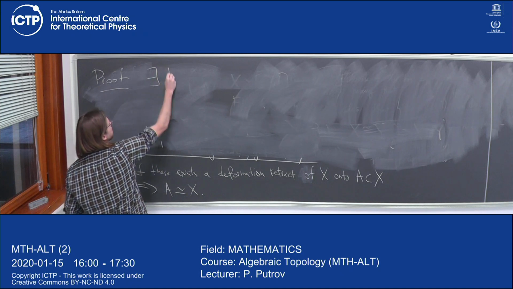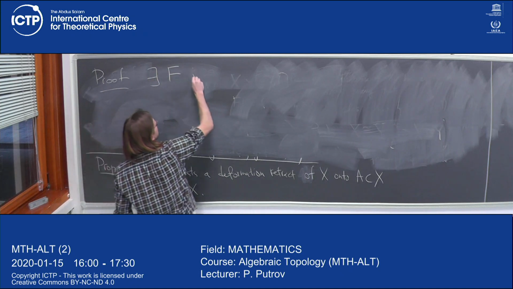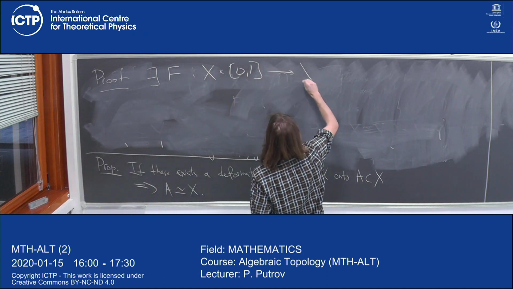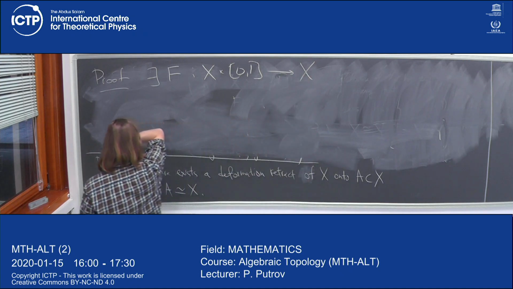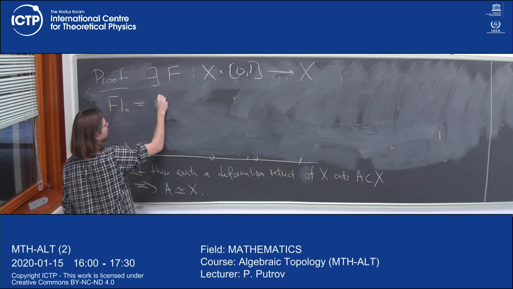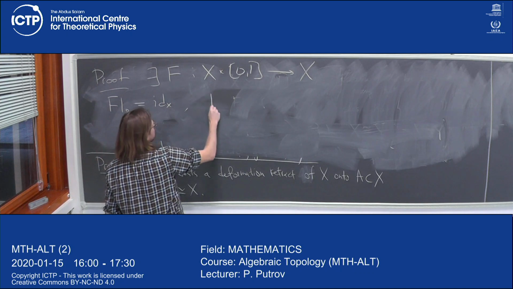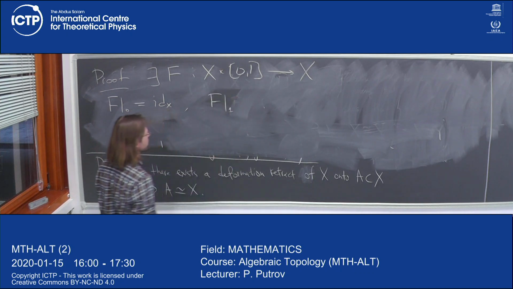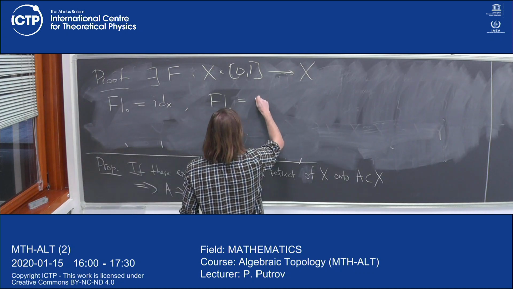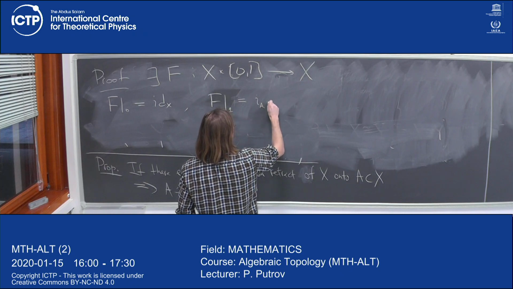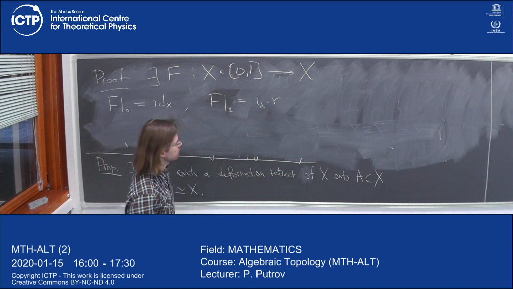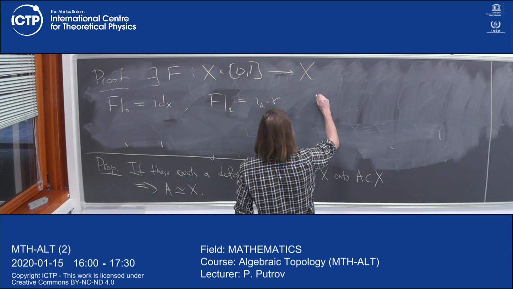By definition, there should exist a function F from X times the interval, which is a homotopy between maps from X to itself, such that if we restrict to 0, here I have identity on X, and if we restrict to the end of the interval, it's a composition of an embedding map of the subspace A and a retract R. So we have the following commutative diagram.